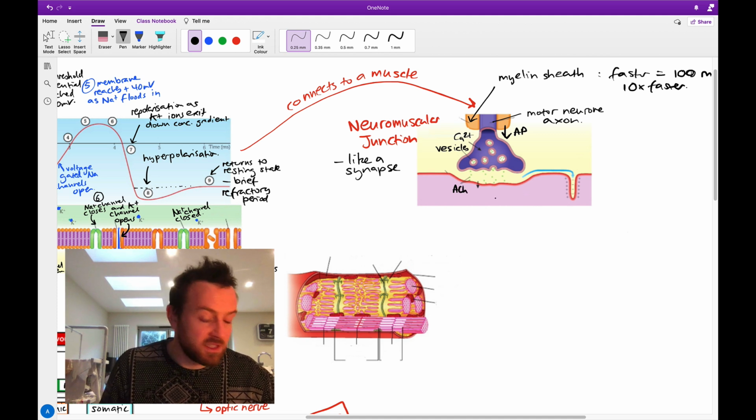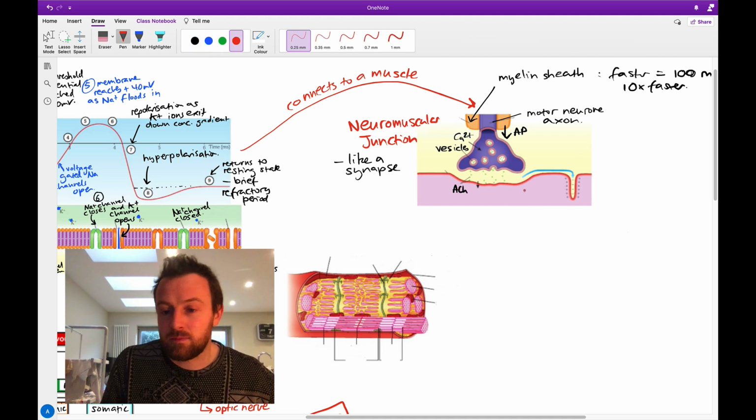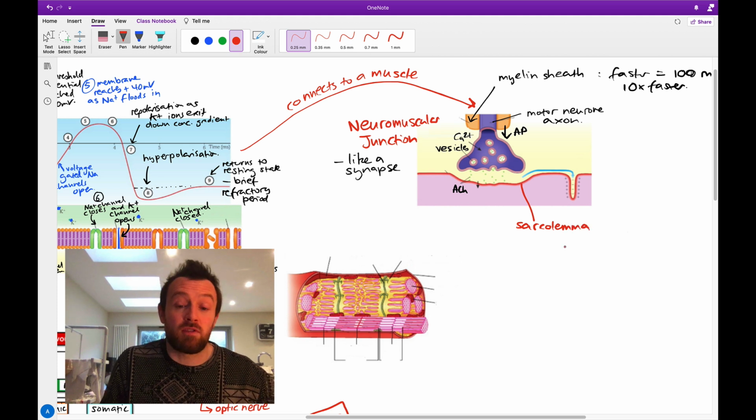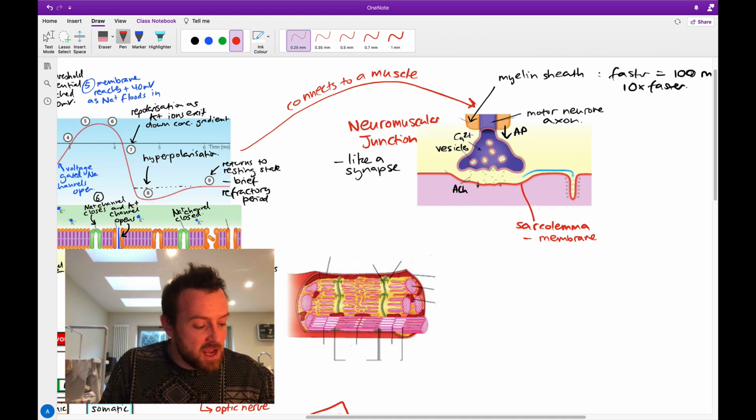Now, one difference here is that we have to give this membrane of the muscle a special name. It's called the sarcolemma. And it's essentially just the membrane of the muscle cell, the cell surface membrane of the muscle cell. Now, the same sort of thing happens in this membrane.